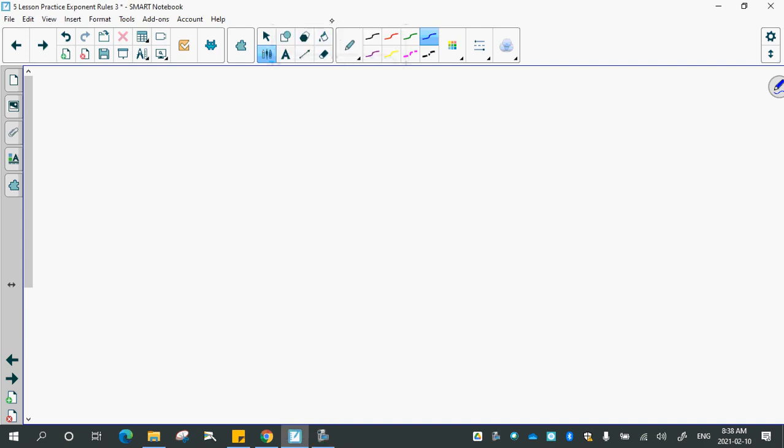All right, so what I would like you to do is see if you can figure out what this expression would be. And you can use any way of thinking that you want. Try to figure out what (5x^3)^2 would be.